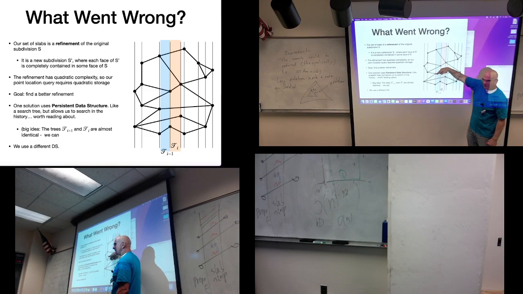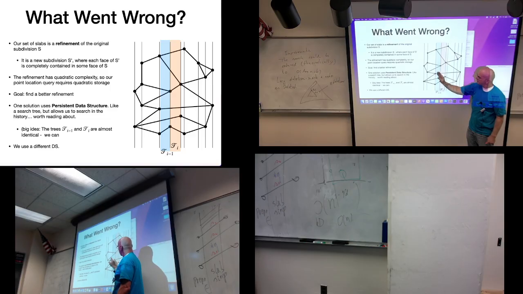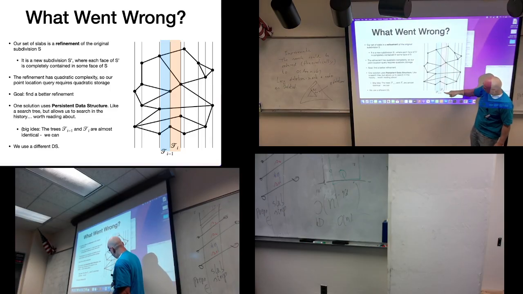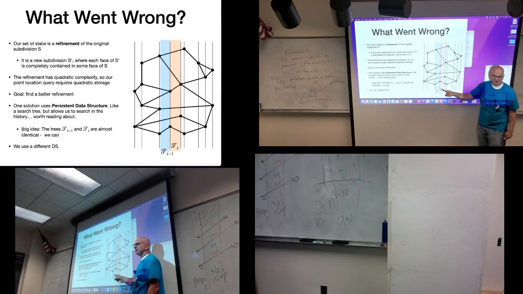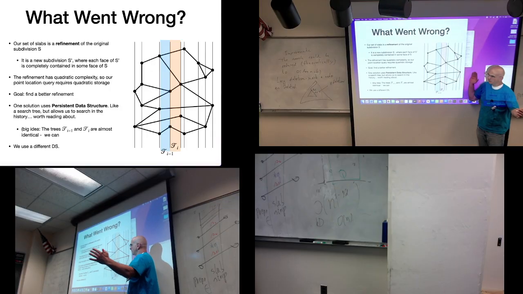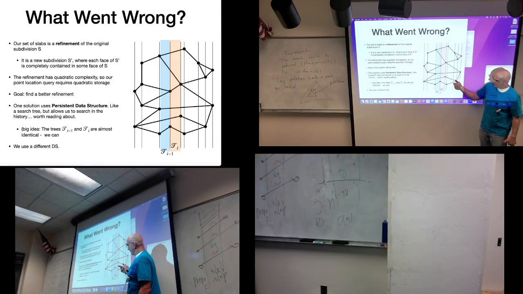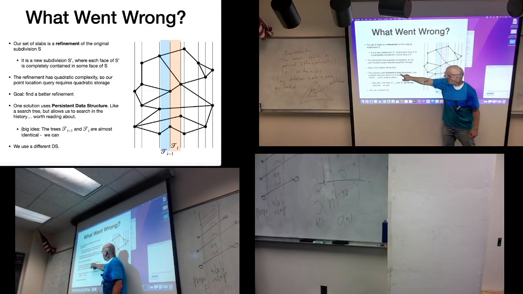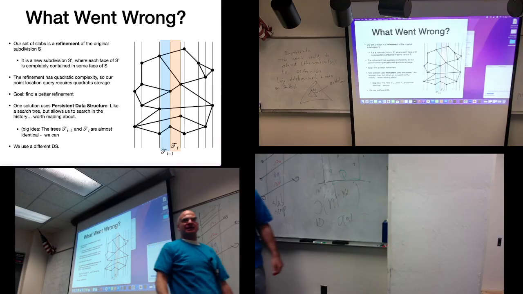A constant number. If it's just segments, it's either a segment that just started or a segment that just stopped. So the tree for this slab, t_{i-1}, and the next slab, t_i, are very similar. One way to avoid this n squared memory is to use a really cool data structure called a persistent data structure.